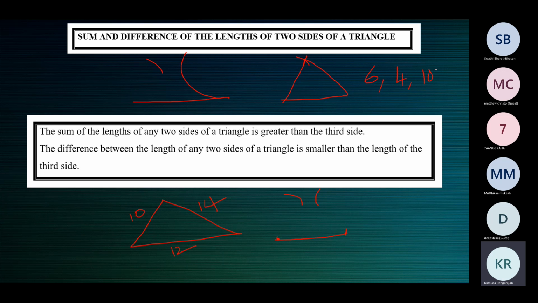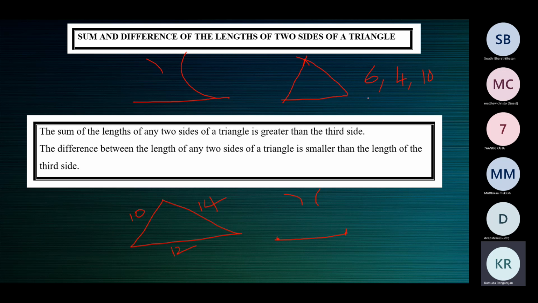So 4 plus 10, 14, is greater than 6. 6 plus 10, 16, is greater than 4. But 6 plus 4 is 10, which is equal to 10. There, the sum of the two sides is not greater than the third side. So no triangle is formed.